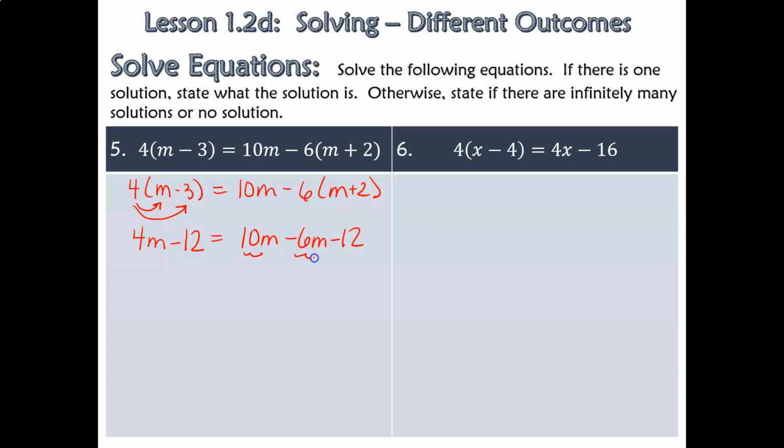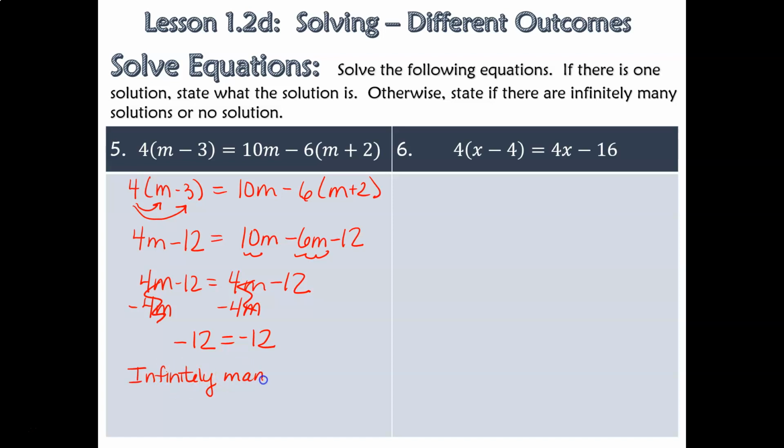If I combine these on this side, let me bring this down, I have 4m minus 12m. And let's just keep going. So if I subtract 4m from each side to bring it to one side, this time I'm left with -12 equals -12. And yes, -12 is equal to -12, so that means that anything that you plug in for m is going to make this true. So your answer will be infinitely many solutions.